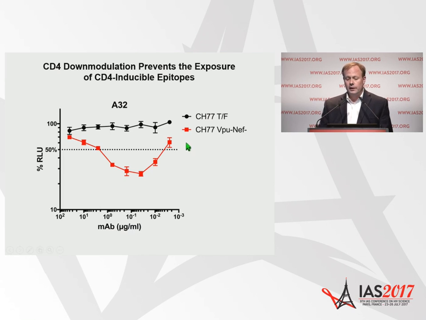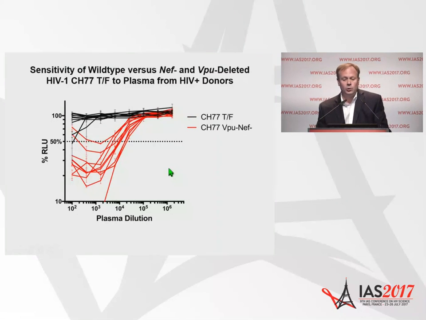But in cells infected with the same virus containing deletions in both Vpu and Nef, we see a dramatic increase in sensitivity to killing by this antibody. These types of antibodies are quite abundant in plasma. When we compare the ADCC activity of plasma from 10 HIV-positive donors for the ability to kill the wild-type transmitted founder virus, we see very little activity.